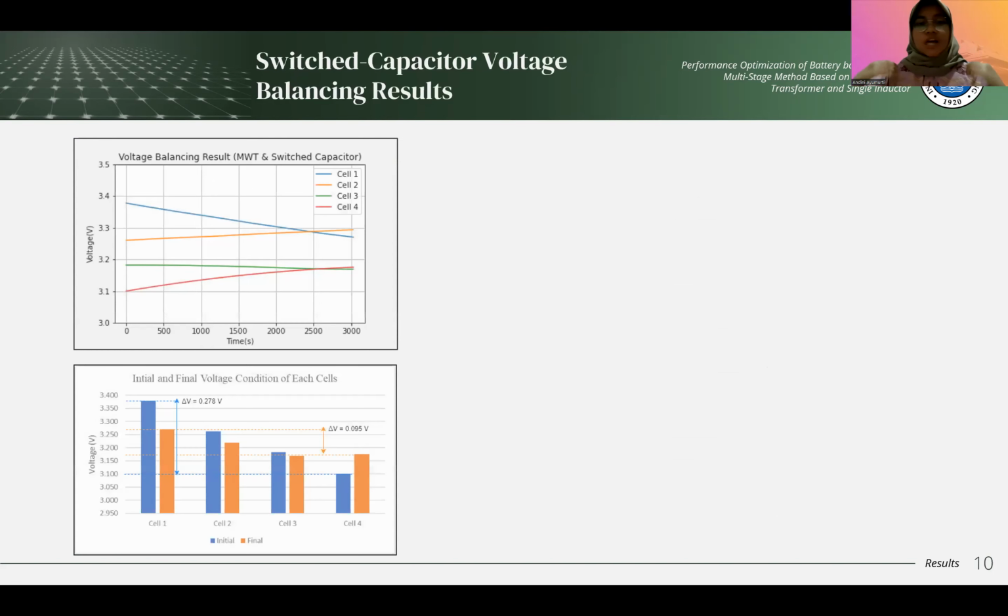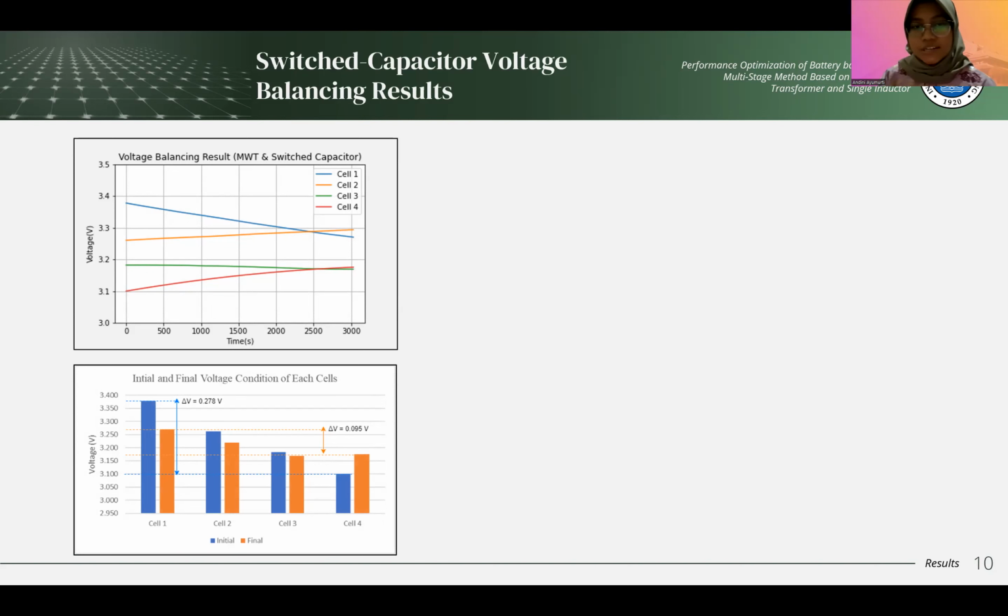To compare and contrast with our proposed topology, we did some research on the switched capacitor as a comparison. The voltage balancing result for the multi-winding trafo and switched-capacitor-based topology is shown in the graph. With an initial cell voltage condition slightly similar to the previous result, it takes about 3000 seconds to reach a final voltage difference of about 0.095 volts.